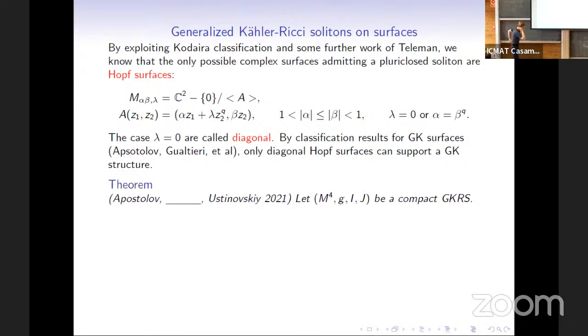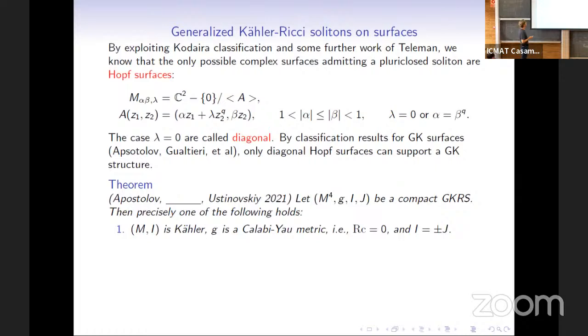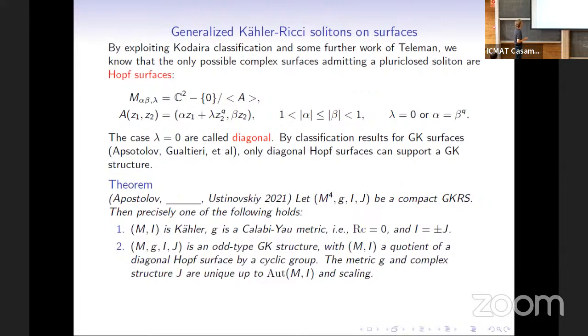Okay, and so a theorem from last year, joint with Apostolov and Yury Ustinovskiy, we give a complete classification of compact generalized Kähler-Ricci solitons in 4 dimensions. So precisely one of the following must hold. Again, the Kähler case is always there. So it's either Kähler, the metric is Calabi-Yau, Ricci flat, and I is plus or minus J. So that's one case.